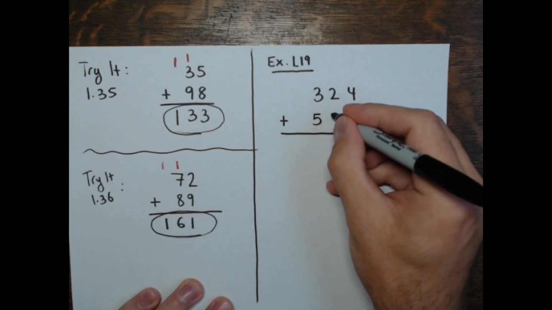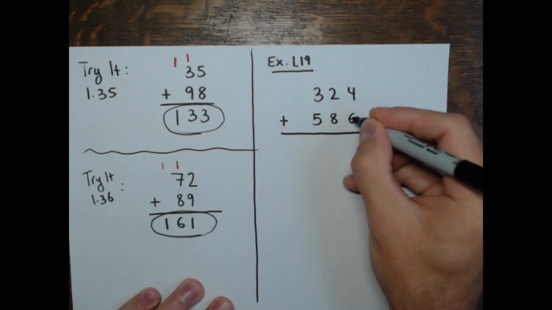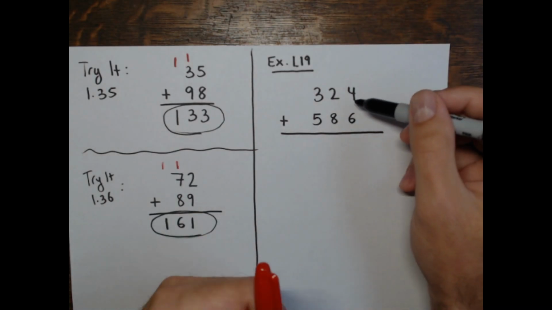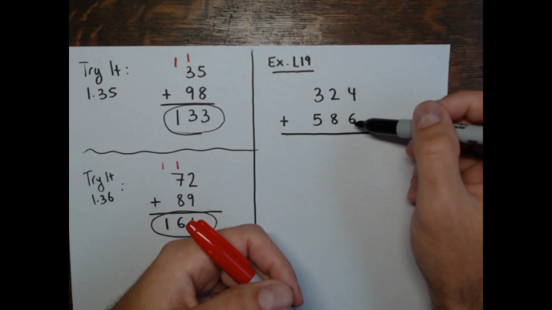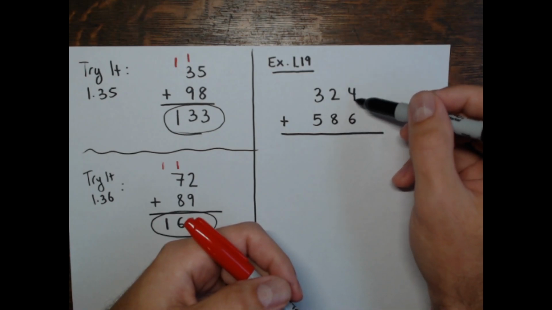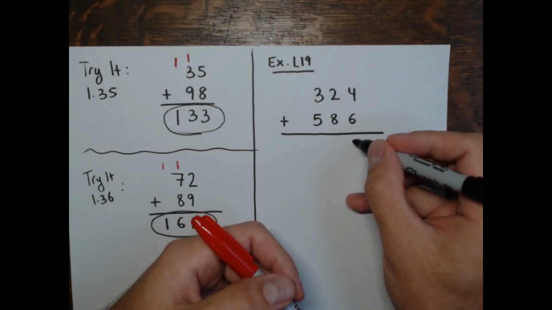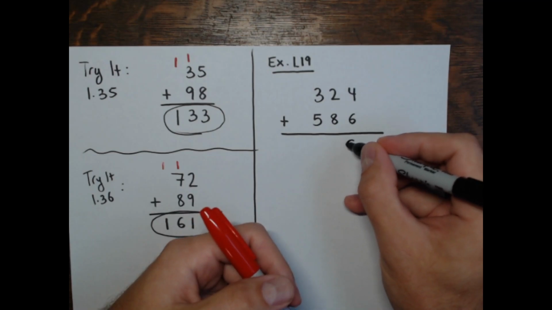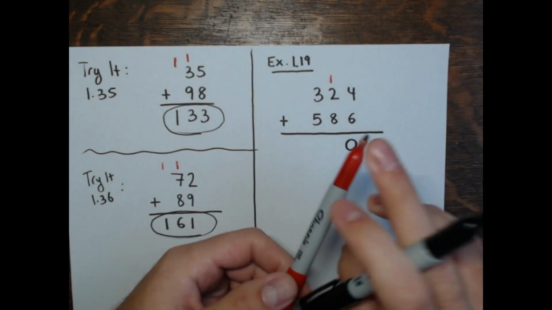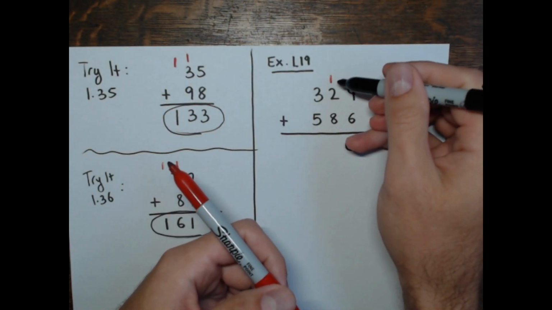So 5 in the hundreds, 8 in the tens, 6 in the ones. So line up the places. Starting from the ones place, the far right place here in the whole numbers, add them up. 4 plus 6 is 10. Now 10 is 0 ones and 1 ten. Right, so I carry a 1 to the tens place.